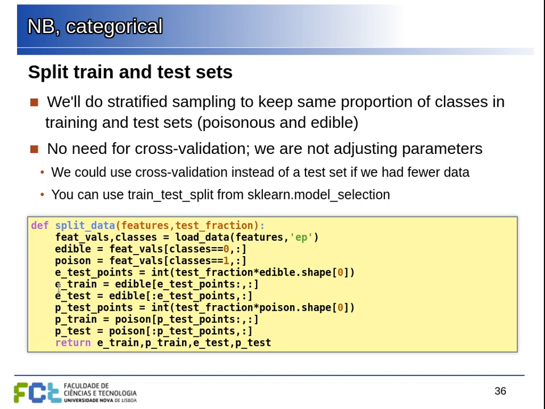I'm just splitting into train and test, both for the edible and the poisonous. And the reason for this is that in this particular example, there are no parameters to adjust. So since we don't need to adjust any parameters, we do not need to do validation. We are just going to train on the training set and then use the test set to have an estimate of what will be the error our classifier will commit when we apply it into future data points.